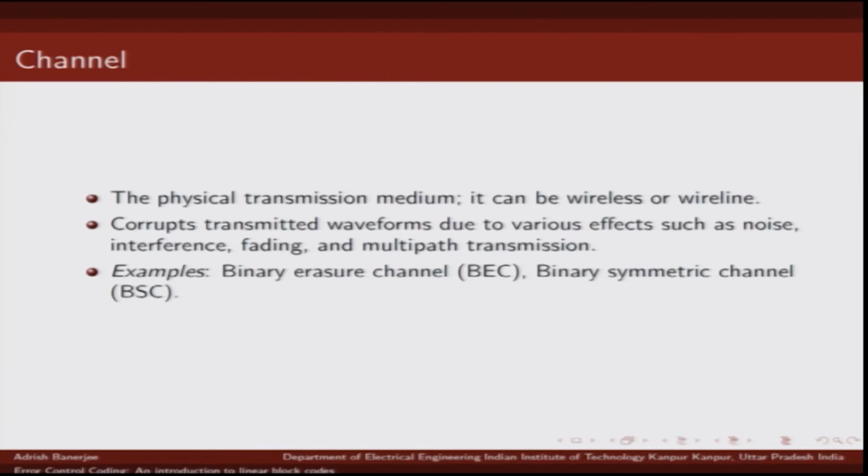Let us say you are under some building, you may not get a very good signal. That is an example of fading, shadowing. Multipath transmission: when you have reflections from multiple buildings, if you send just one signal, you get multiple copies with varying attenuation and delay spread. So, essentially the channel corrupts our signal that we are transmitting, and it results in errors.